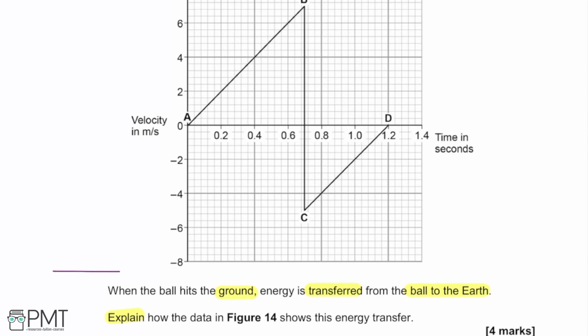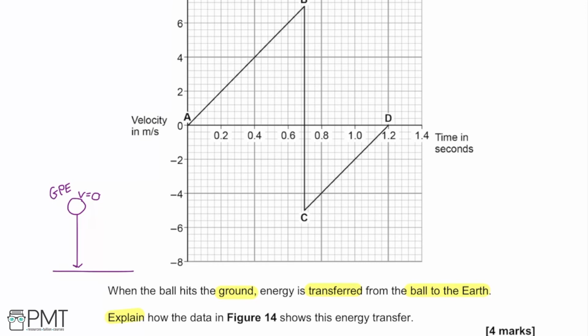When the ball's held above the ground initially, it's going to have energy all stored in its gravitational potential store. It's not moving, so it's not got any kinetic energy, and it's being suspended above the surface of the earth, so all of its energy is going to be in this GPE store. As soon as it's released, this gravitational potential energy is converted into its kinetic energy.